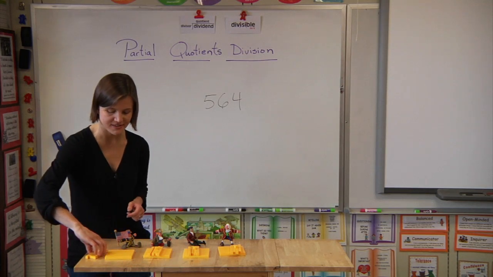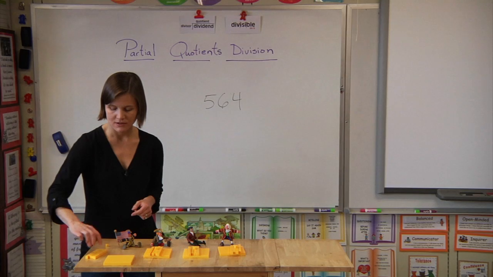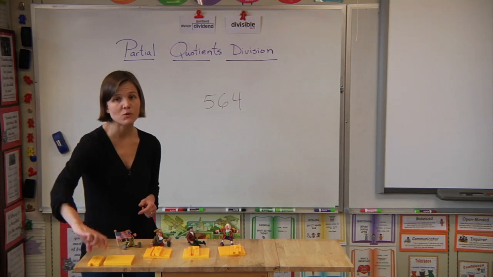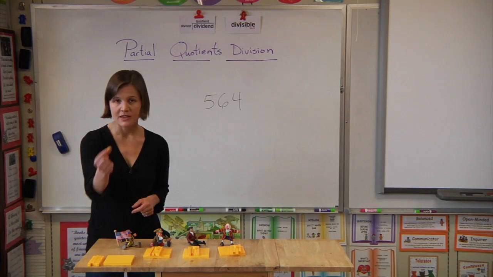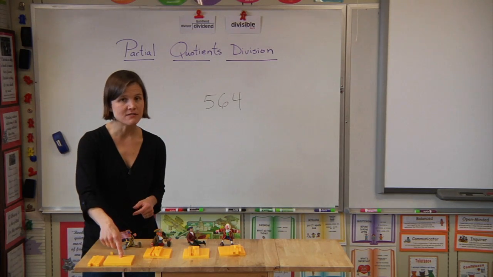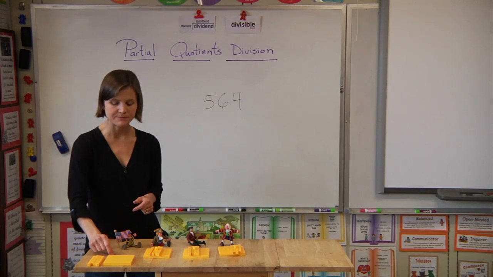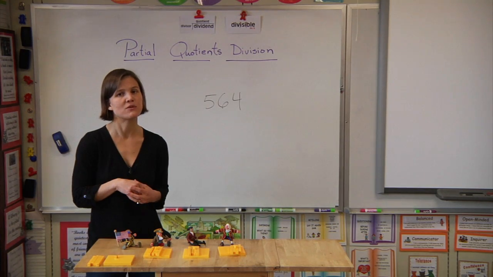Each person has 1 full piece of chocolate worth 100, 4 rods worth 40 pieces of chocolate, and 1 individual piece of chocolate. So altogether, that's 100 plus 40 plus 1, or 141. Let me show you how to write that on the board.